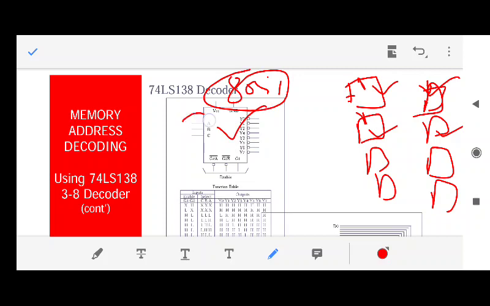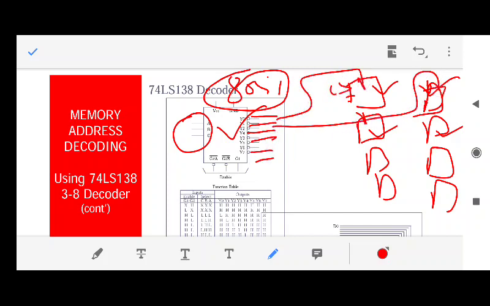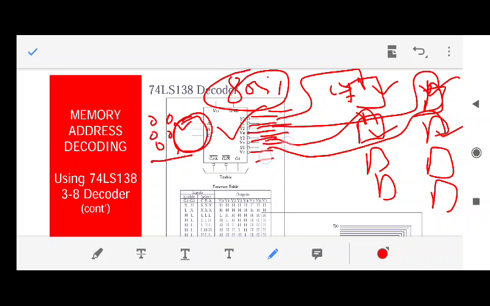So by using only 3 signals, you can obtain 8 signals, and these 8 signals can be connected to the chip select signal of each memory. So that by combination of giving only three inputs, it can give either 0 0 0, 0 0 1, any of the 8 signals. It can give any 8 signals using these 3 pins. These 8 memories can be enabled or disabled.